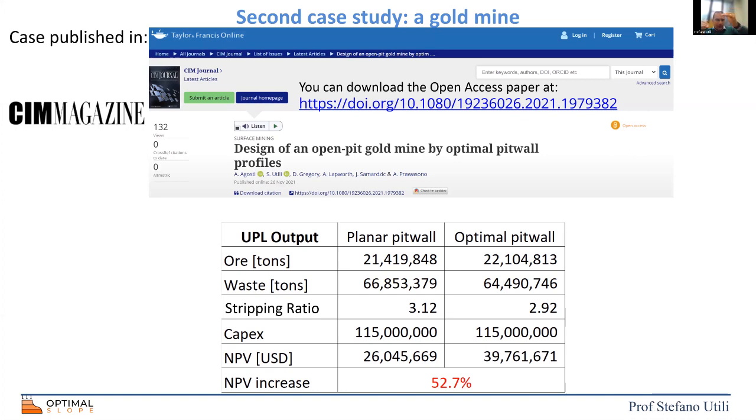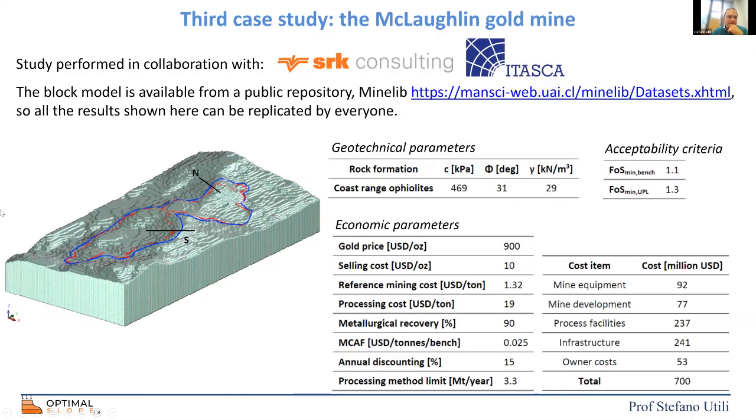But in terms of how we carried out the strategic mine, the pit optimizer, that was the same for both cases, so that we can rigorously say that this gain is purely due to the different pit wall.